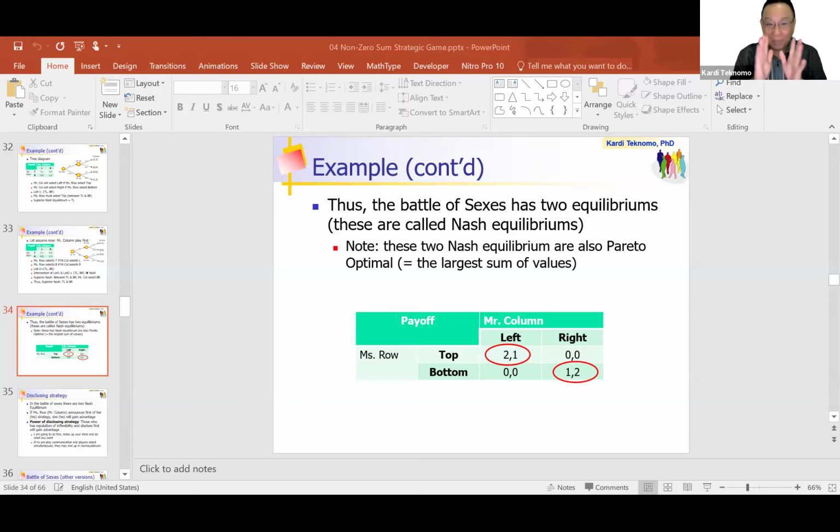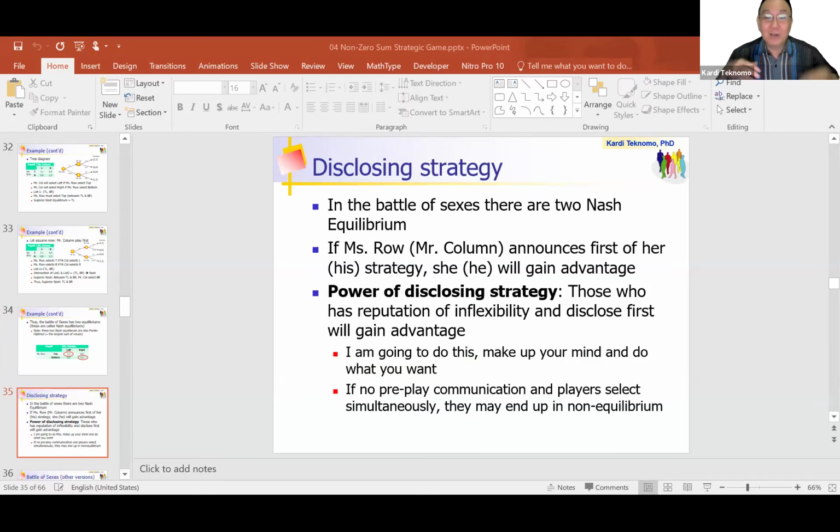Okay. Look at this now. If you face this kind of situation, what will you do? What is the trick so that you will win? Okay. So the trick is simple. This is called disclosing strategy. In this battle of sexes, you have two NAS equilibria.